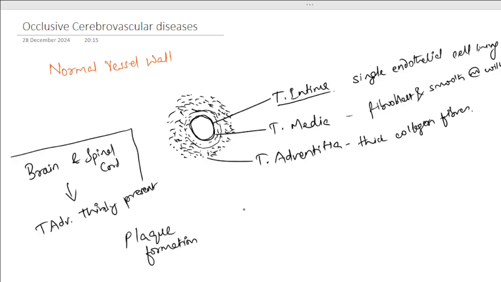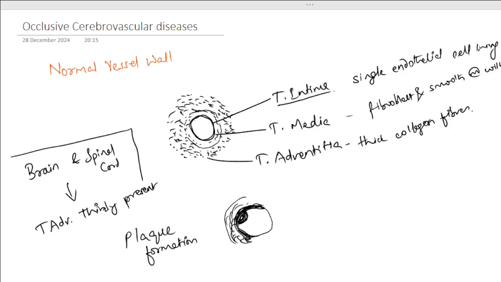As I said, the adventitia is less present, it's a thin one, and media, and of course intima is the most important here. So what happens here is that an atheromatous plaque forms.